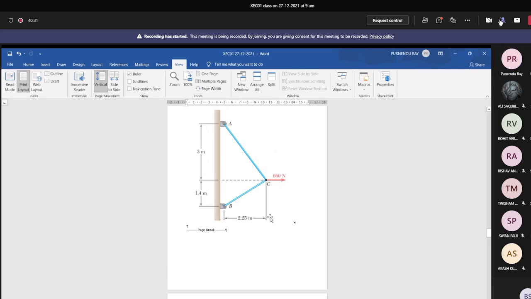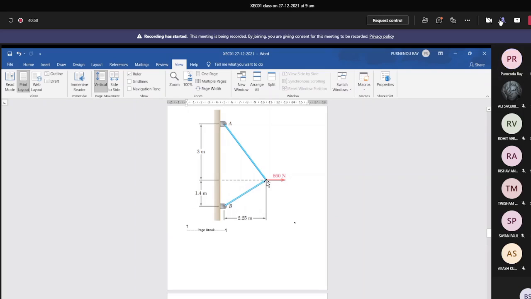So now we draw this force triangle. Of course, the free body diagram is the first thing. After that, we take a horizontal line proportional to 660 Newton. We calculate these angles from 3 meter divided by 2.25 meter and 1.4 meter divided by 2.25 meter, and find their sines after those calculations of angles.